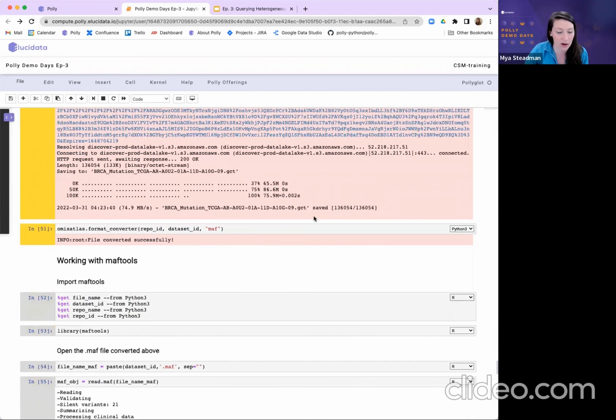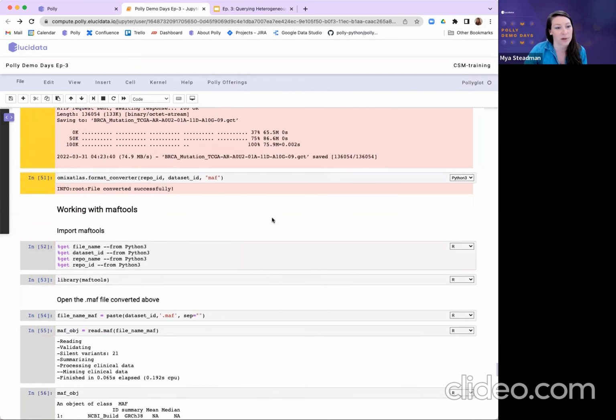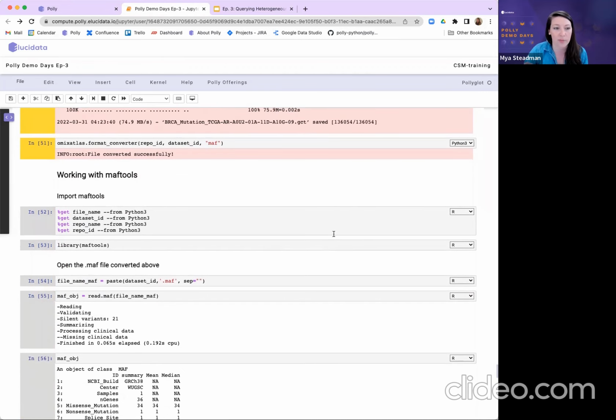You'll see here another really fun feature of the Polyglot notebooks. All of the code that you've seen so far has been in Python, but this notebook can actually handle four different languages. For the plotting we wanted to do, we wanted to use maftools, and that's an R package.